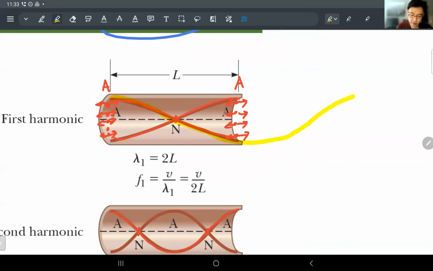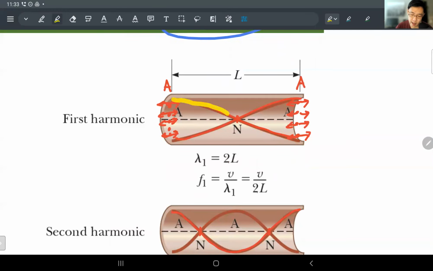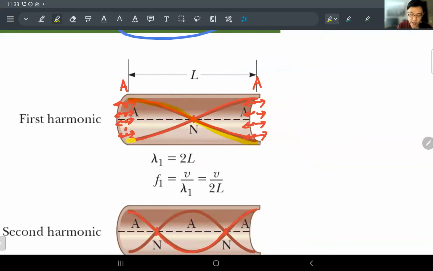But over here you just stop short halfway. So what you're seeing inside this tube is just half the wavelength. So half the wavelength is the length of the tube, or the wavelength of the sound here is going to be twice as long as the length of the tube.